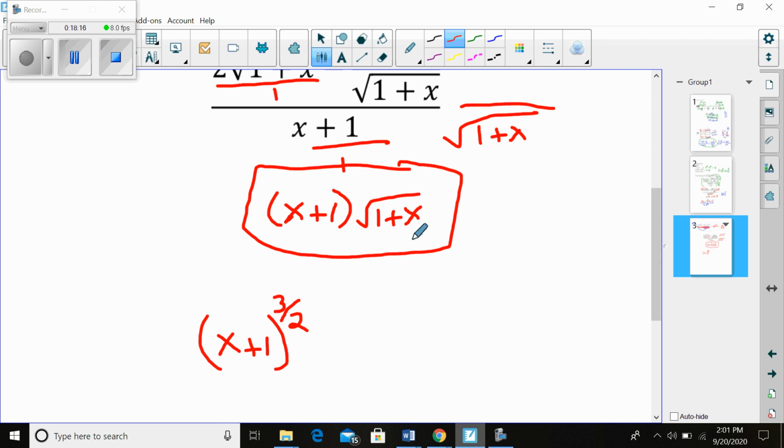However, this is not in simplest form, right? Because first of all, 1 plus x, x plus 1, I can use those interchangeably. But remember, this first quantity is x plus 1 to the first power. And this second quantity is x plus 1 to the half power. And when I have powers of the same base, right, I add the exponents.